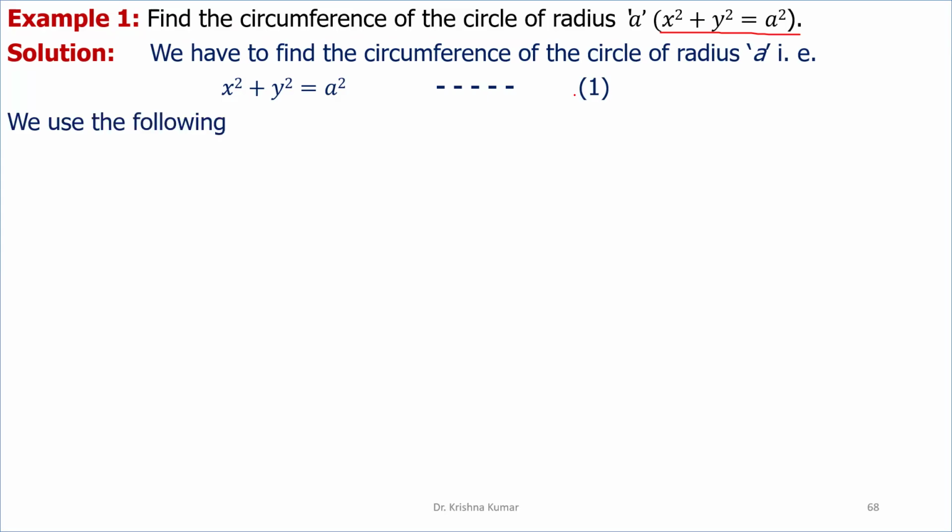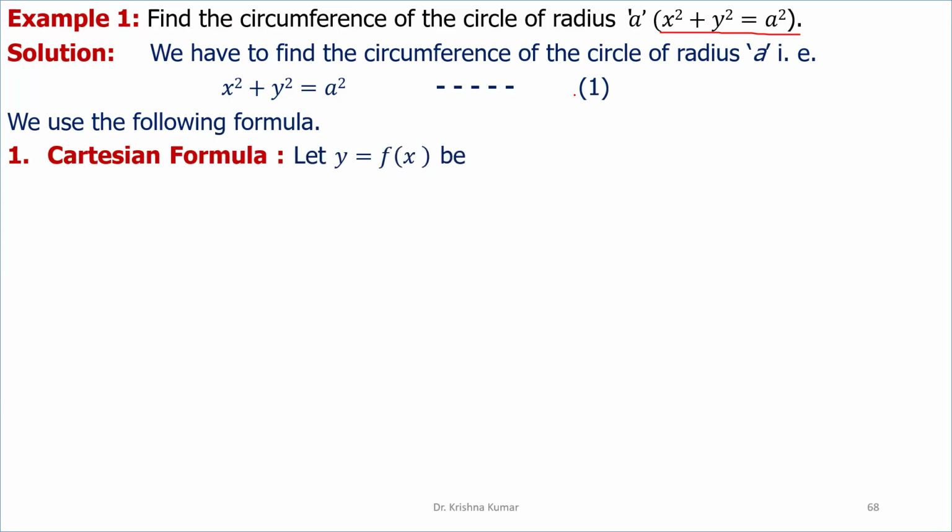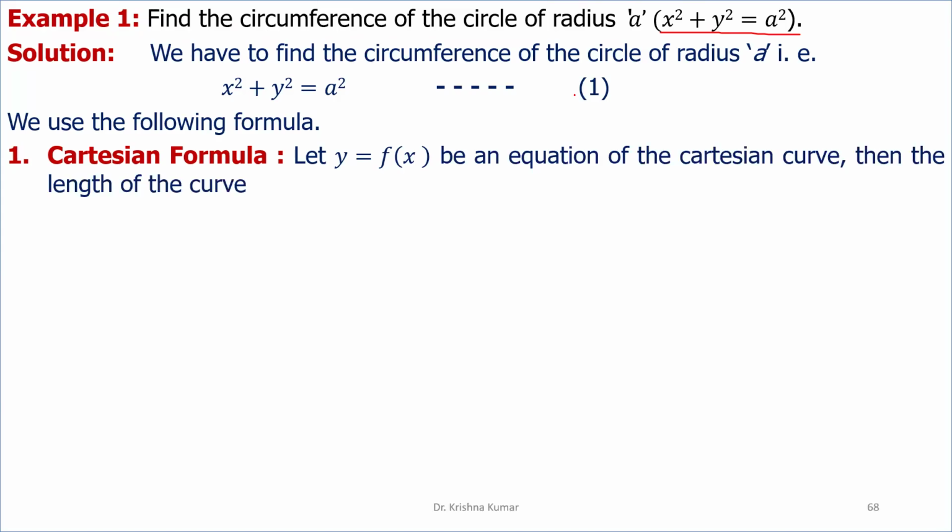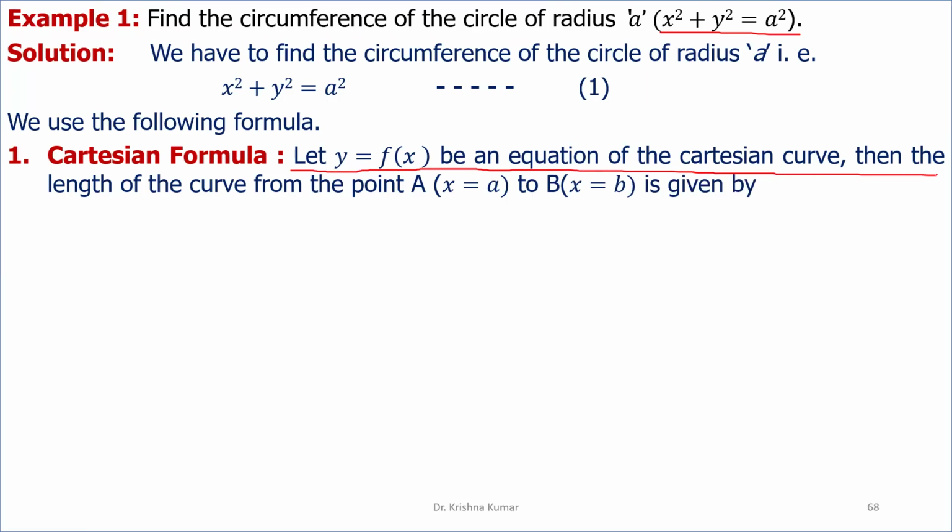So first we use the following formula for finding the rectification of the given curve. In this example, we first take the Cartesian formula to find the length of the circle, or circumference of the circle. Let y is equal to f of x be an equation of the Cartesian curve.